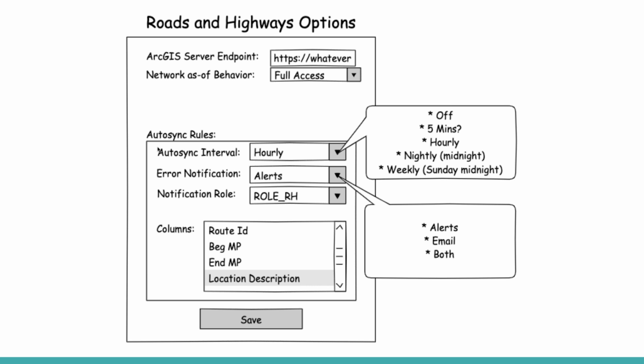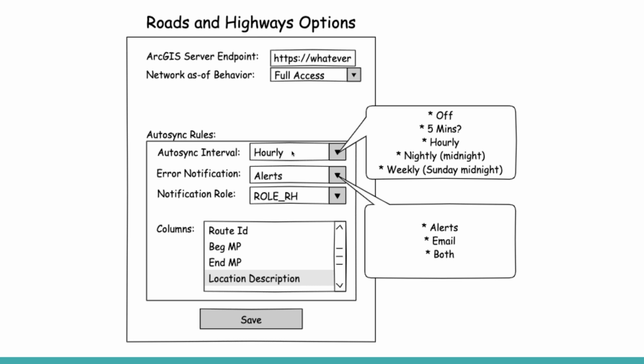So when you click the options button, you go to this, and this is where we're going to take the endpoint that's currently internal settings and put it there. This is that network as of behavior, which is whether or not this box shows up and how it works. All right, so then we have the auto sync rules.